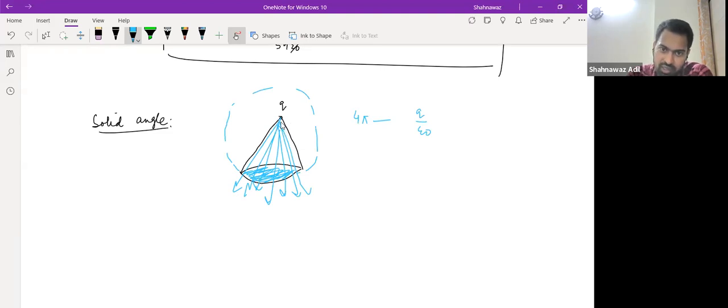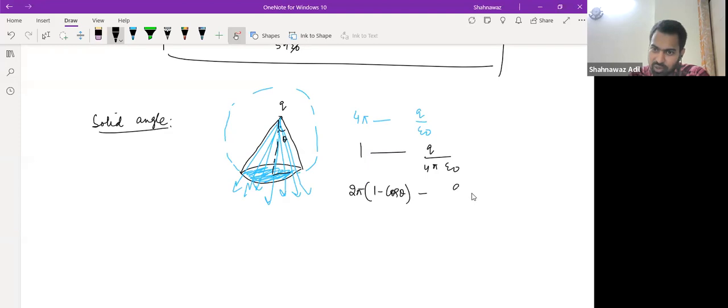So this angle was how much? This angle was theta, right? Does anybody remember? Alpha. Yeah, that is why I am saying that you guys keep revising. So 2 pi 1 minus cos theta, right?